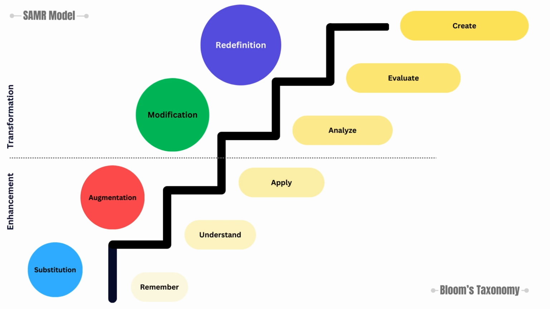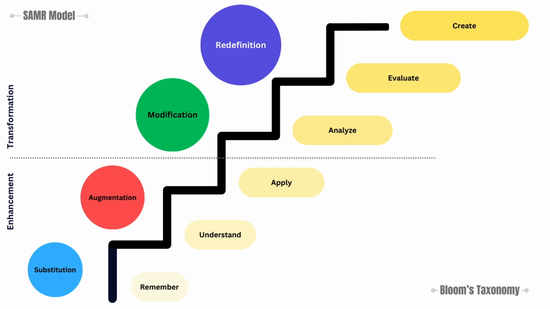It's organized in a hierarchy from basic tasks like recalling information to more complex, higher order skills like evaluating and creating. Bloom's is widely used to design and assess learning objectives, helping us ensure that lessons target multiple cognitive levels.